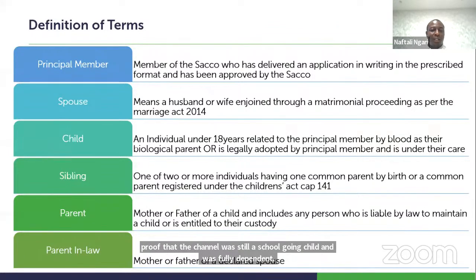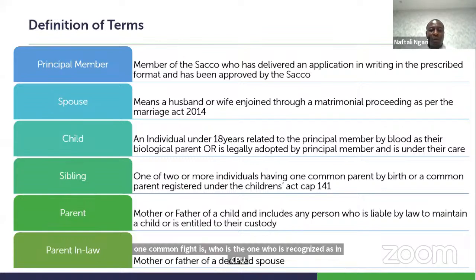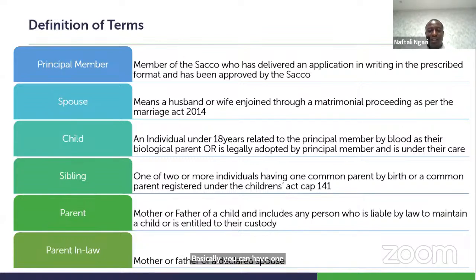In terms of siblings, these are basically brothers and sisters. And how a sibling is recognized is whereby someone with whom you have at least one common parent is the one who is recognized as your sibling. Basically, you can have one common parent by either birth, or it can be legal adoption.